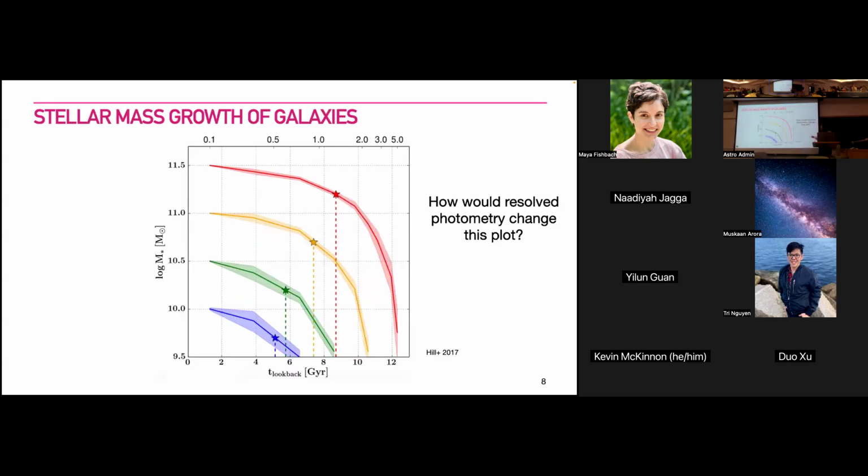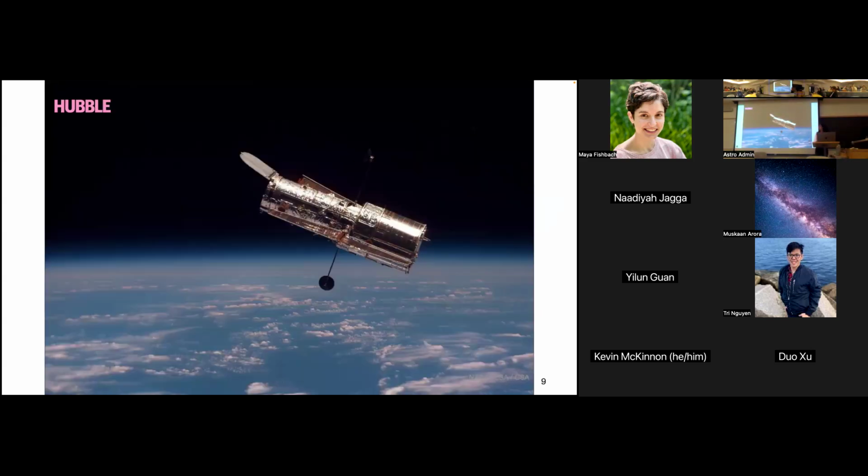So the question is, how would resolved photometry change this figure? How would the stellar mass growth curves be different? The previous results have been made with observations from Hubble data.